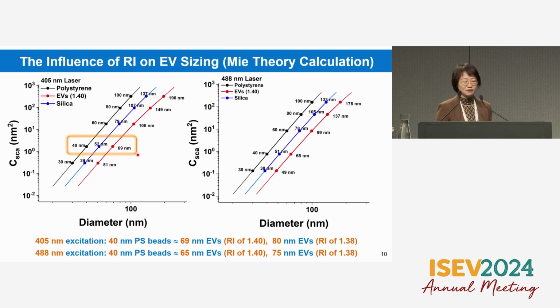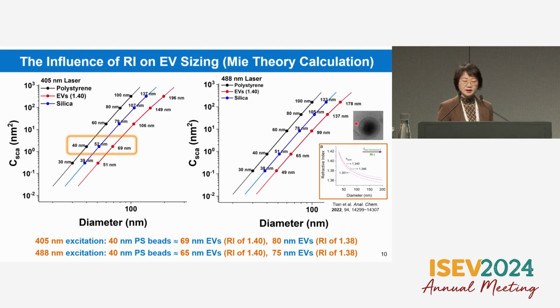I would very much like to show you, based on Mie theory calculation, that for 40 nanometer polystyrene beads, the scattered light is equivalent to 69 nanometer or 65 nanometer EVs if you excite at different laser wavelengths.